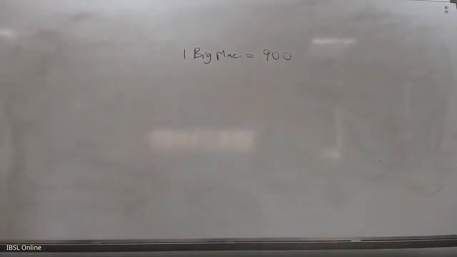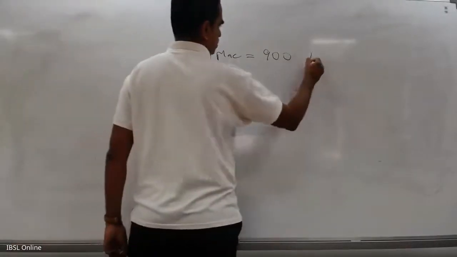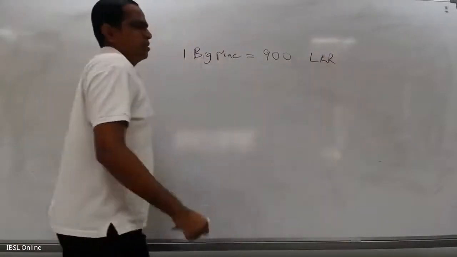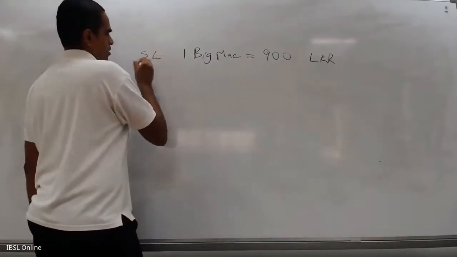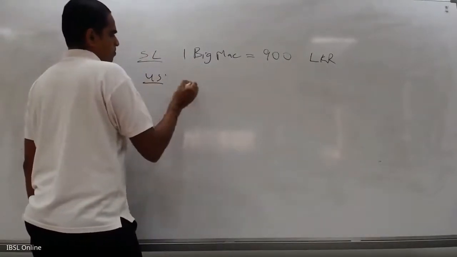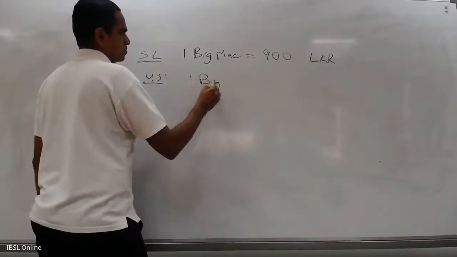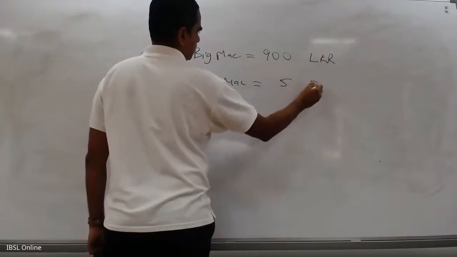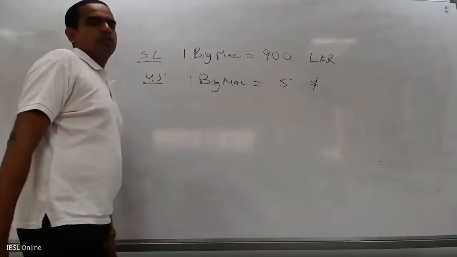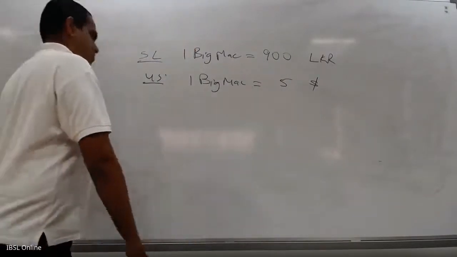The burger is 900 rupees. Let's also say in the US, one Big Mac is $5. $5 US.